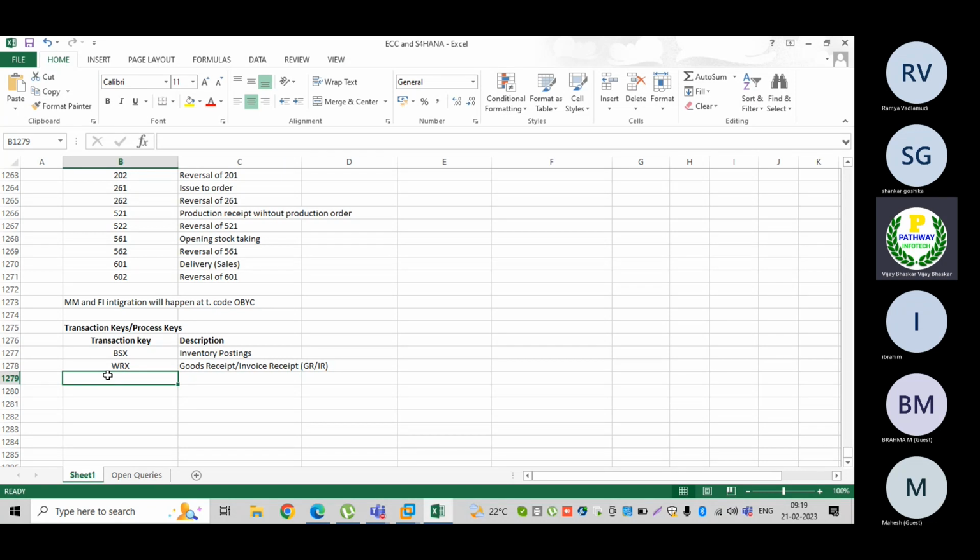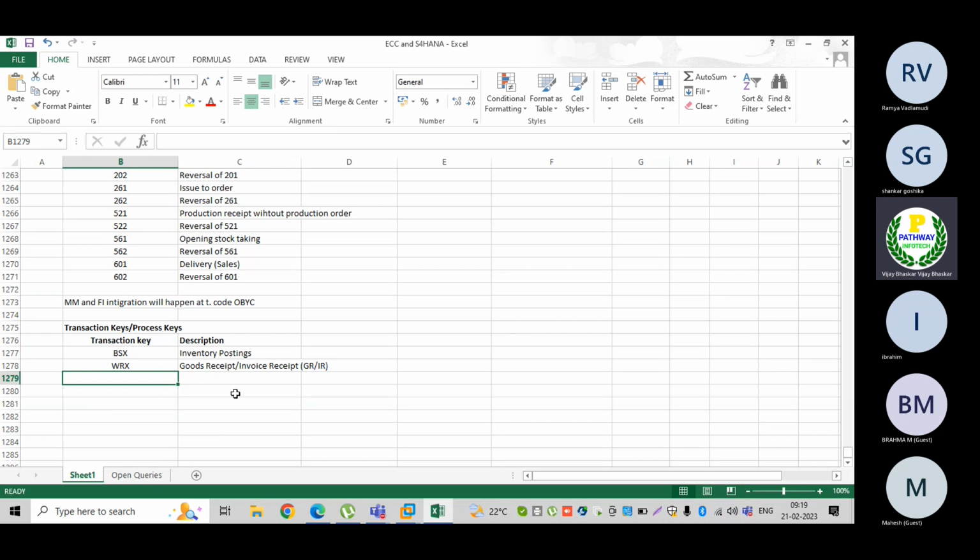What is meant by the GRIR clearing account? We need to understand this also. It's a very important one from your interview perspective. We should know the GRIR clearing account. Now let us assume, for GRIR we'll talk about it here.